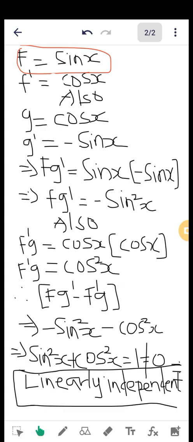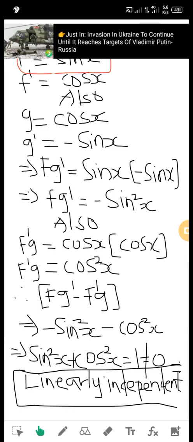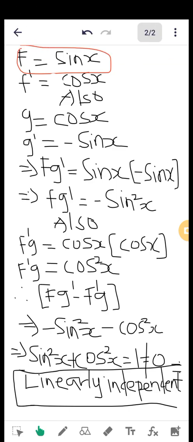Then we take the difference. My f times g prime, this is the answer I had, minus sine square x, and my f prime times g, this is the answer I had, cos square x.